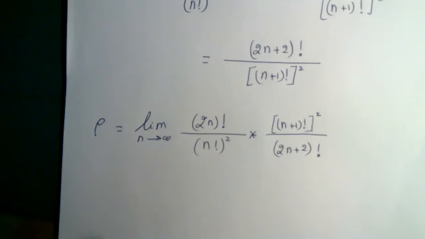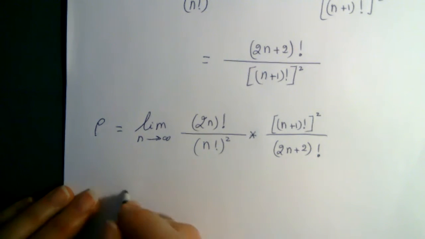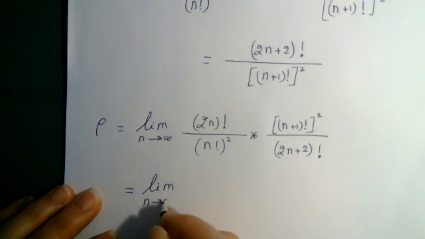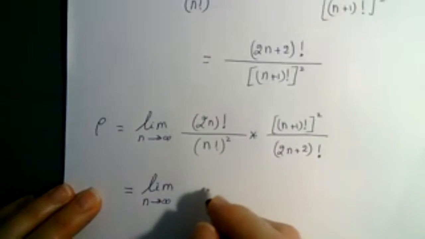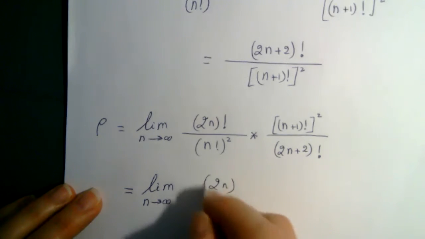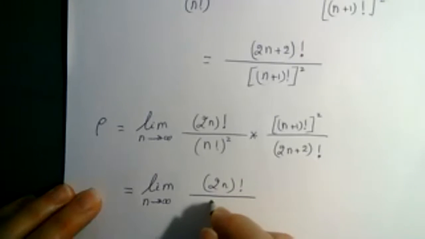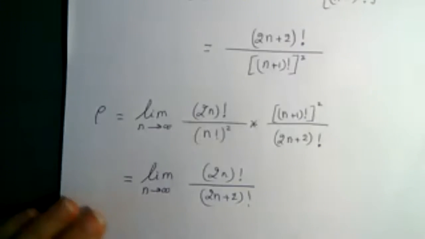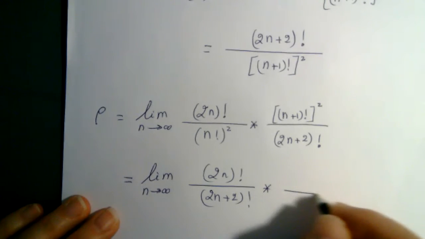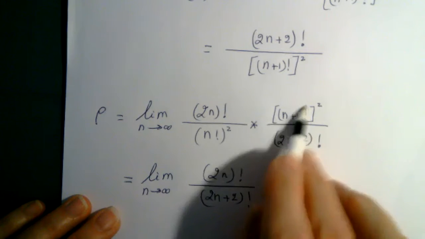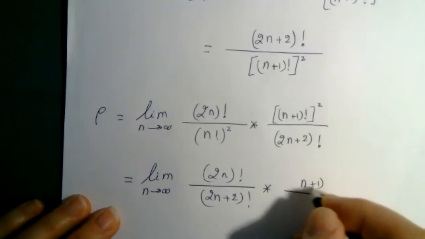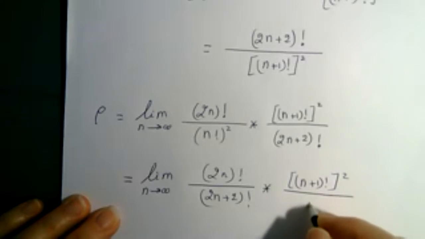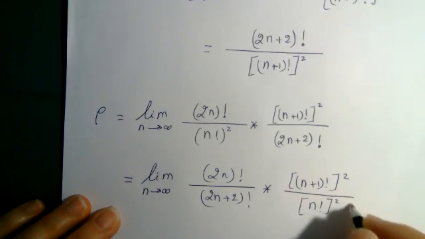Now I'm going to put things that look alike together, so the 2n factorial over 2n plus 2 factorial together, and I'm going to times it with those squared over n factorial squared.